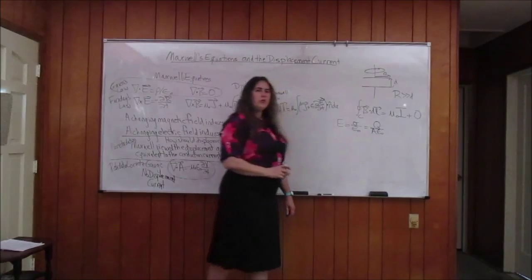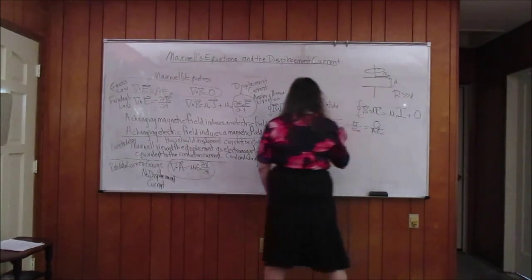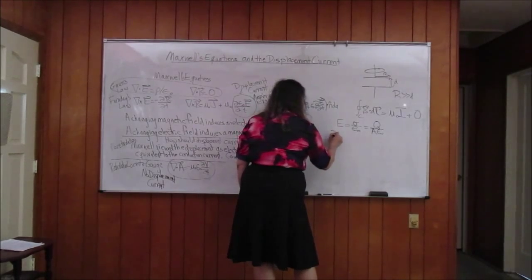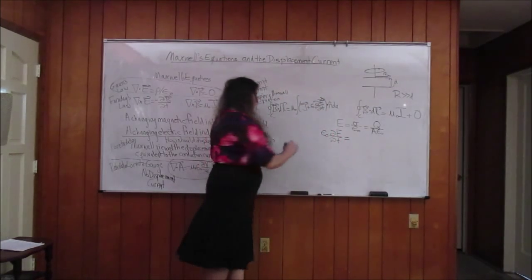Now that's equal to Q over A epsilon naught. And I'll take the derivative of the electric field, because that is what I'm interested in. And I'm also going to multiply by epsilon naught, because that is my displacement current.